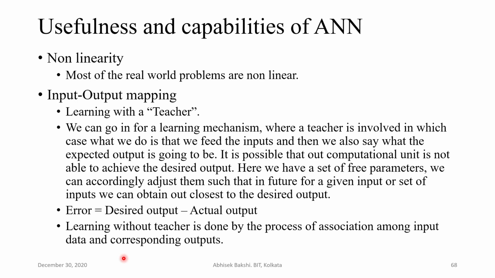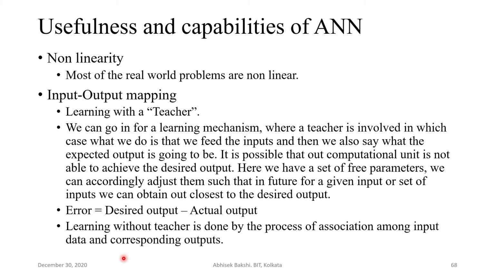The second point is input output mapping. Here we have a concept of learning with a teacher. This concept of learning with a teacher we have already seen in the case of supervised learning. So one thing is clear, that the learning strategy that our artificial neural network possesses is supervised learning.